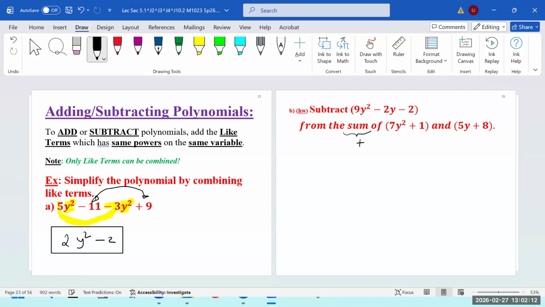So basically they are saying subtract the third polynomial after you add the first two polynomials. So let's add the first two. We have 7y squared plus 1, and our second polynomial is 5y plus 8. And now we are going to subtract our third polynomial, 9y squared minus 2y minus 2.